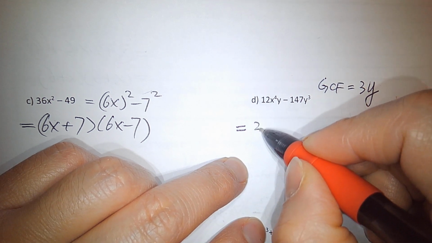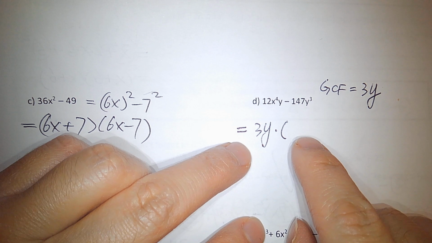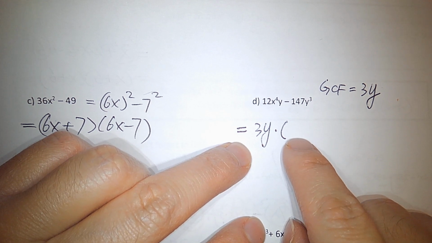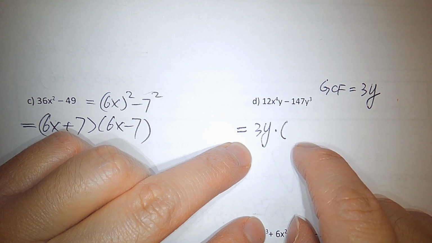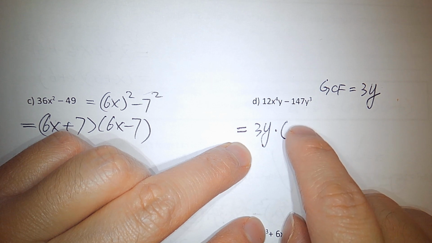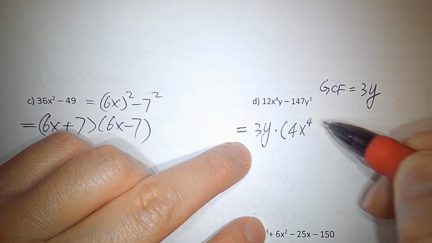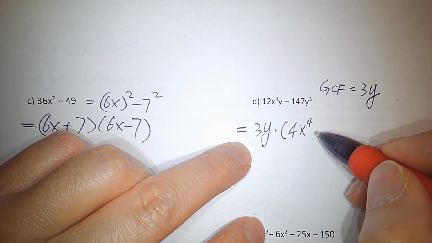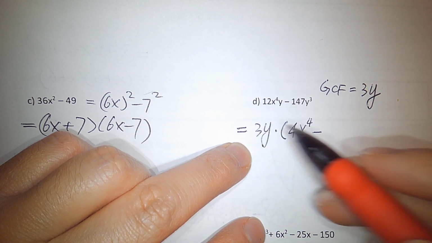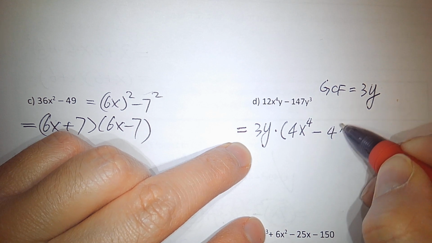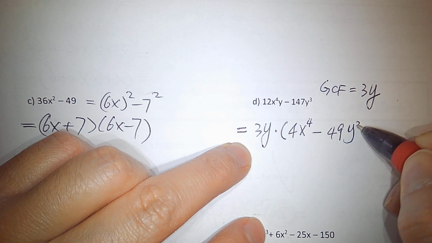So factor out 3y, it gives us what? What do we have here? Do you get 4x to the 4th power? Yep. 147 divided by 3 is 49. y to the cube divided by y squared.